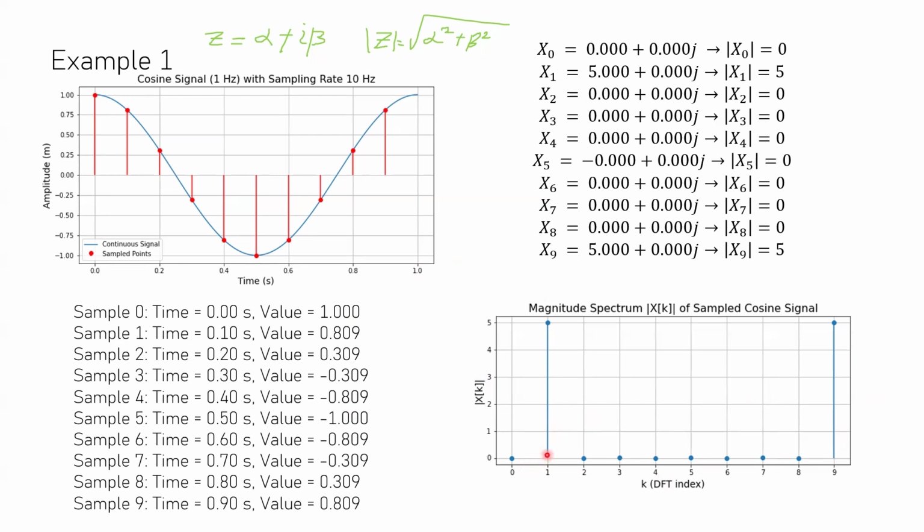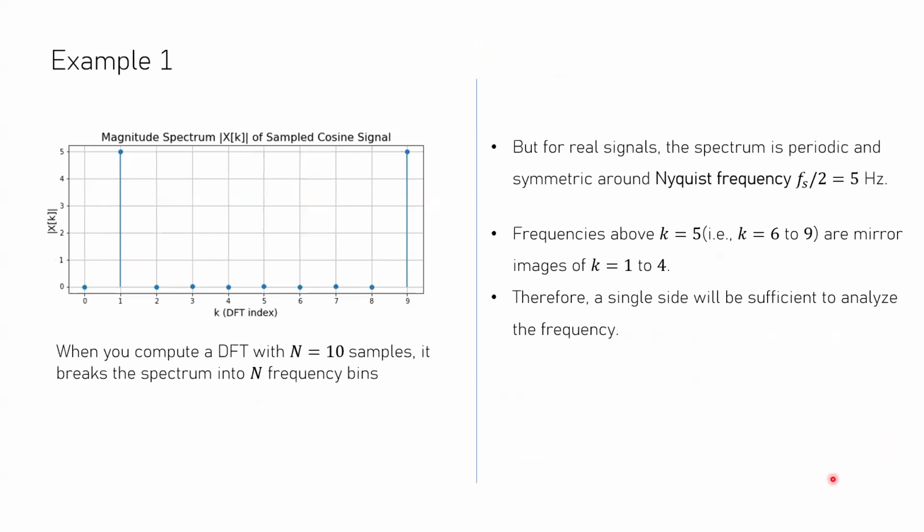So we are finding only two peaks at k is equal to 1 and k is equal to 9. So you can see that the spectrum is periodic and it is symmetric around k is equal to N over 2.